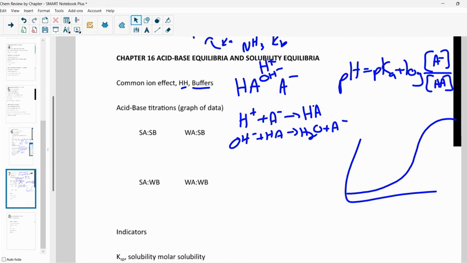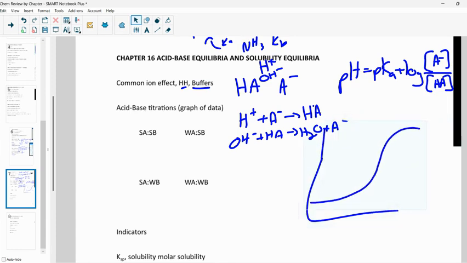What else we got? For our titrations, all right, our titrations here. Right here, this is a Ka problem. We have pretty much all HA here.